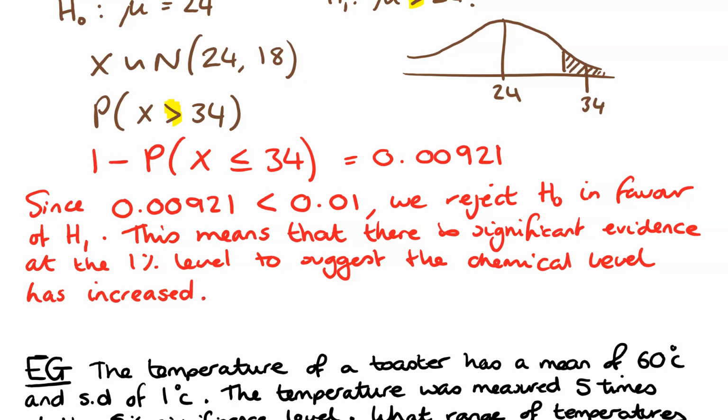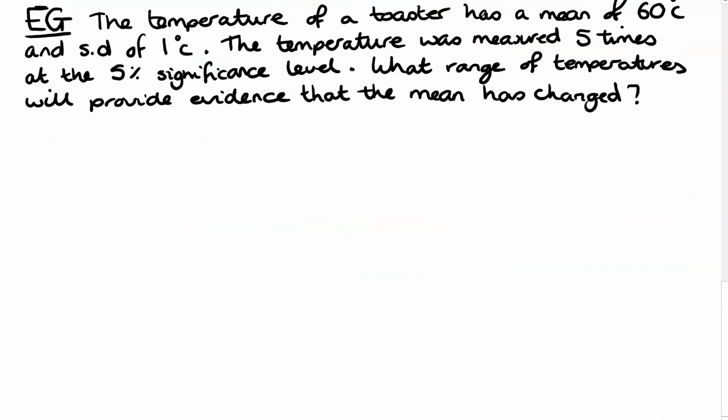So the other way to approach it is to say, well, what is the cut-off? If I know what the cut-off is, then anything where it's either more or less, depending on the tail of it, I'm going to be able to tell straight away rather than calculating every single one. So that's what I'm going to do with this one. The temperature of a toaster has a mean of 60.